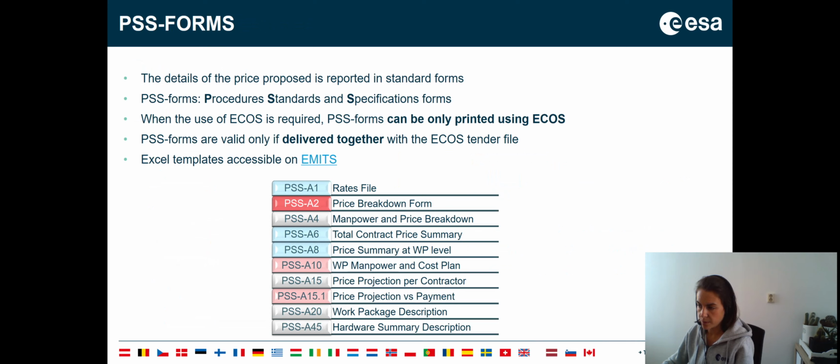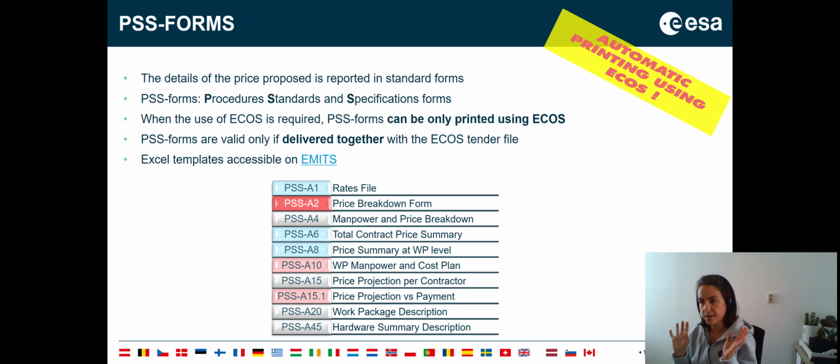So basically we can define two types of forms. There are the PSS forms, that are the standard forms included into the ESA evaluations. And there are the standard reports that belong to ECOS, that can also be very useful to produce and are more, let's say, on the side.